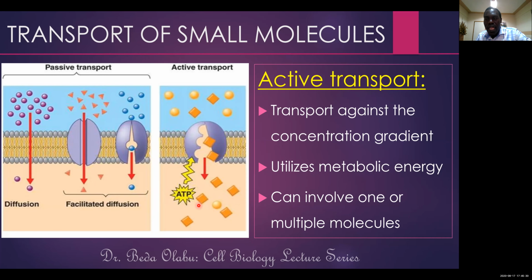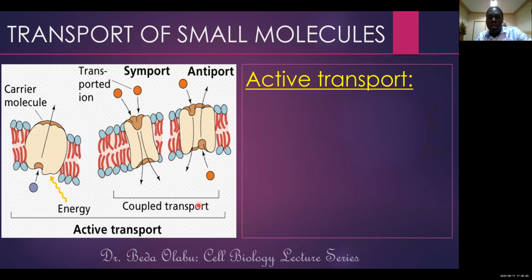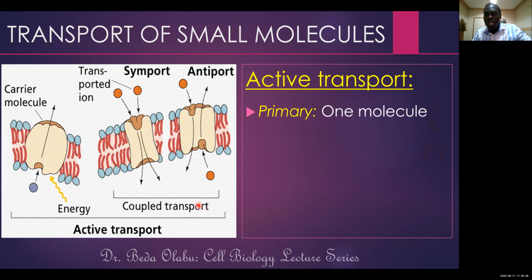That makes us classify active transport into primary and secondary active transport. When we talk primary active transport, it means that we are moving only one molecule. Transport of one molecule against its concentration gradient will constitute what we call primary active transport.